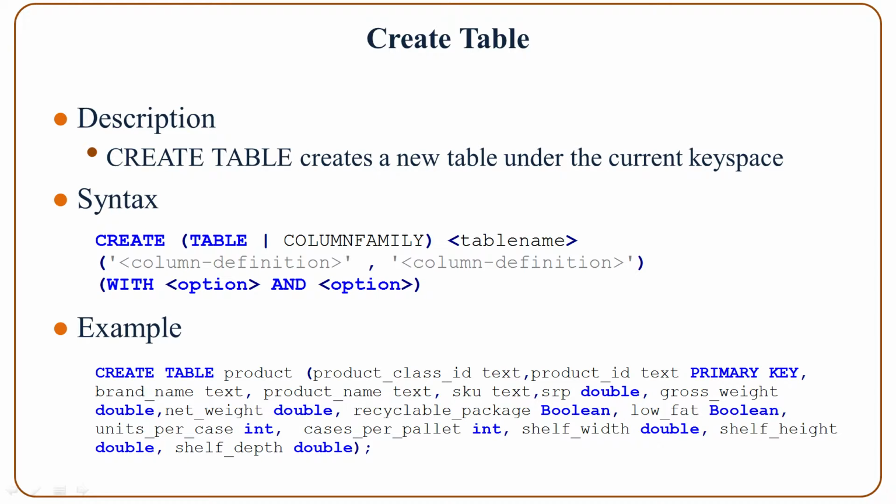As you can see in the example, create table product would create a table, namely product, with a list of column families such as product class ID as text, product ID also as text, and is the primary key, brand name as text, etc. There are other types such as int for integer, double for double, and boolean, such as true, false value.